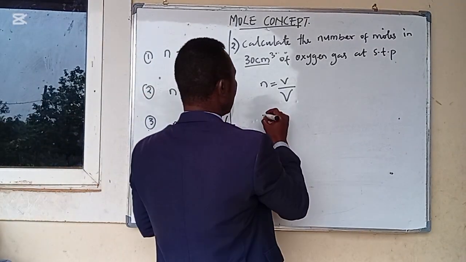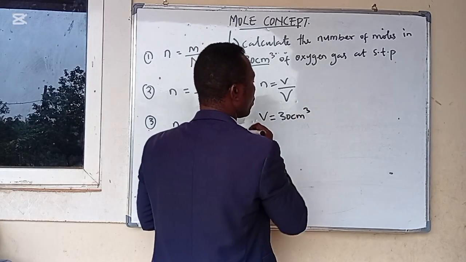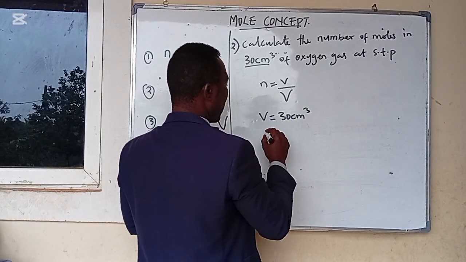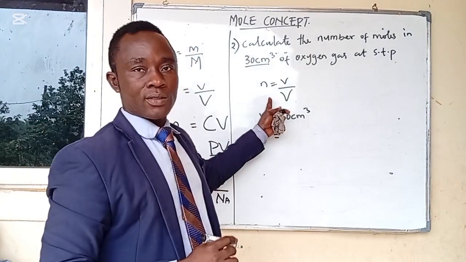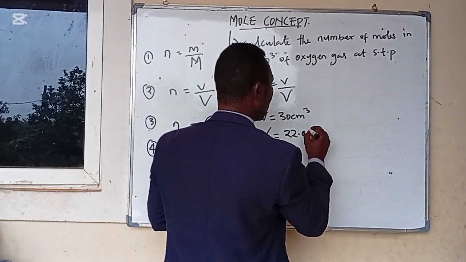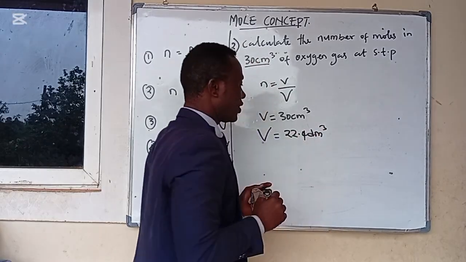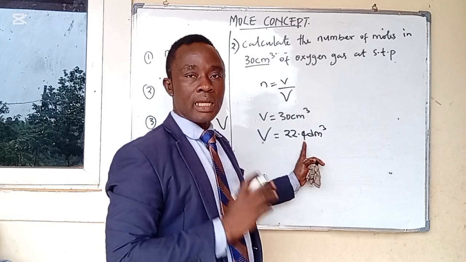Now, the given volume is 30 centimeter cube. Then the molar volume, V, of gases at STP is 22.4 dm cube.